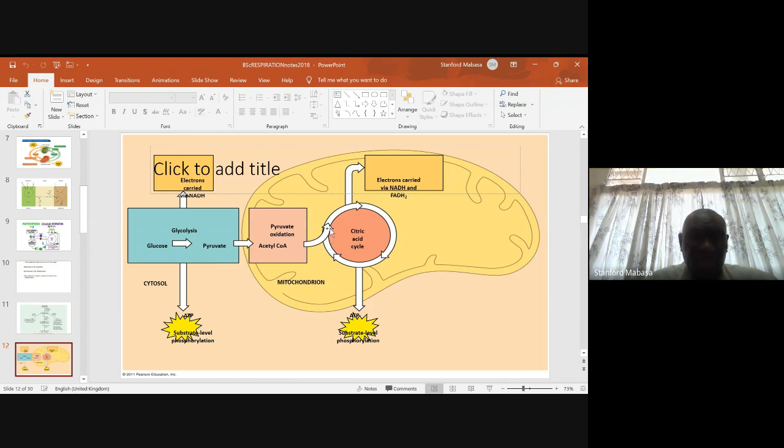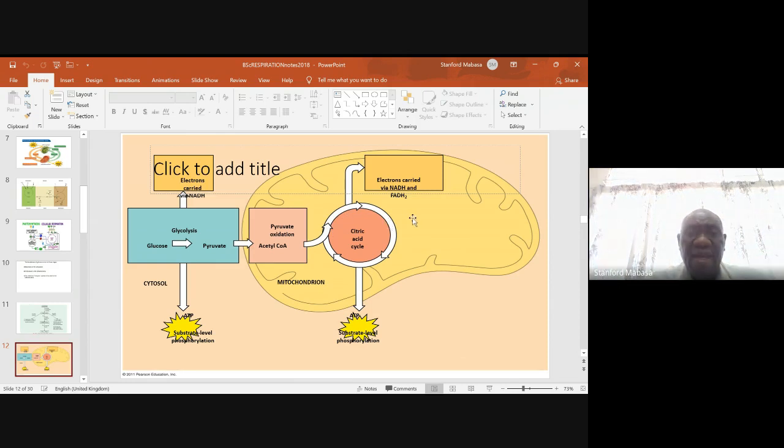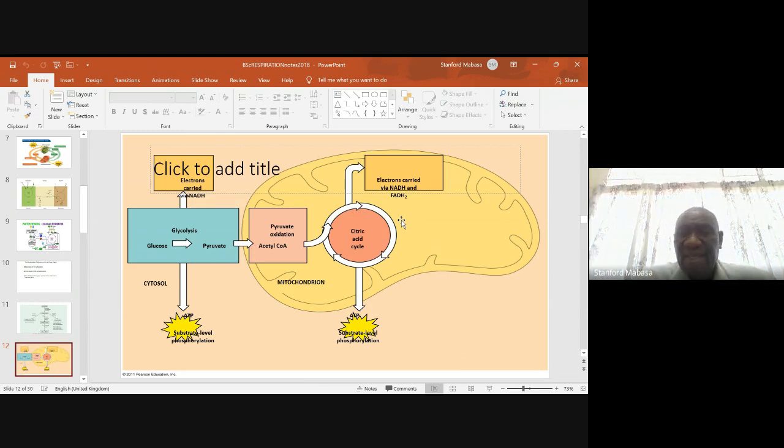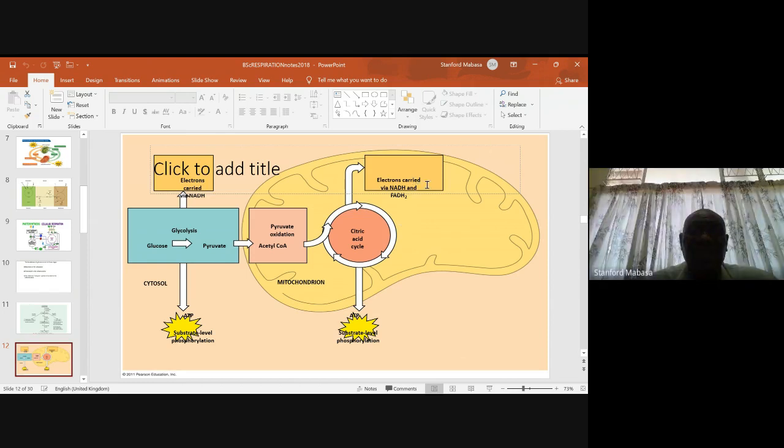Then what is produced is FADH2 and NADPH, which are later used to drive this electron transport chain.